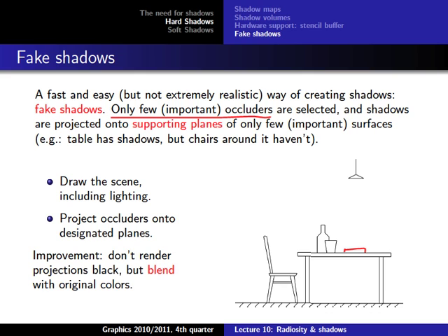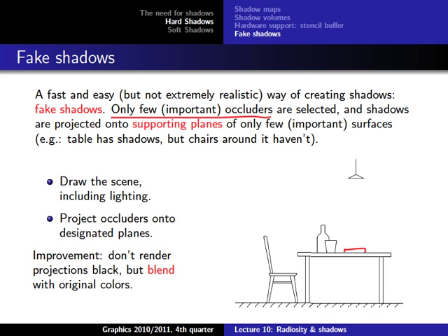But if that shadow is missing in our image, we will probably not realize it as much as if the shadow of the bottle is missing. So I would say the bottle is, with respect to shadow, a much more important occluder than the book. This is a decision we just make. We just remove the models that don't have a big shadow and probably will not be noticed by the observer.